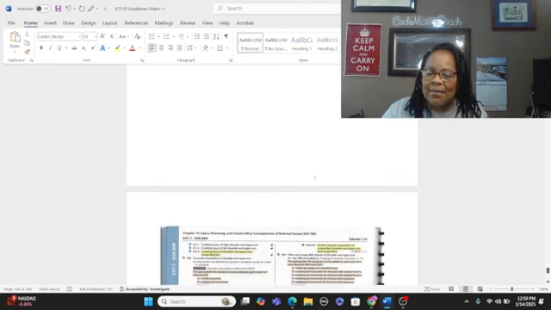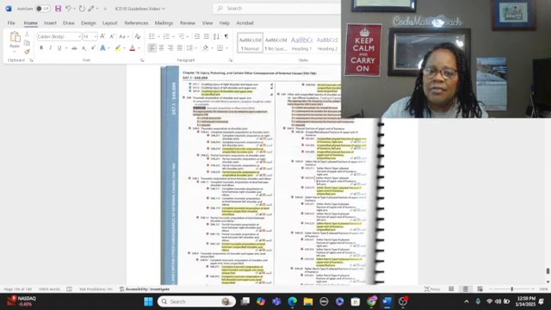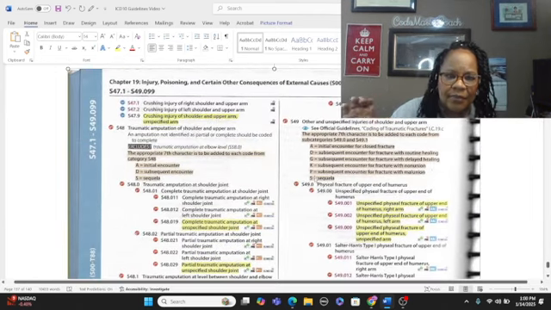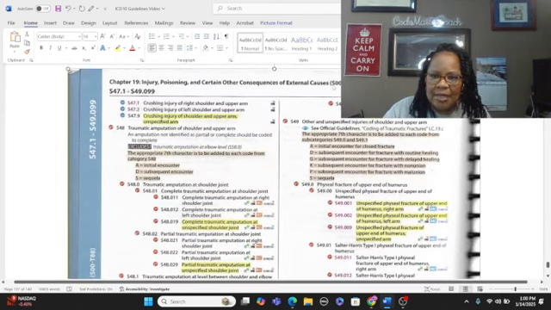And what I did is I made a copy of the code book so that I could show you how the seventh character, this is between S00 and T88, which is what we're discussing now.